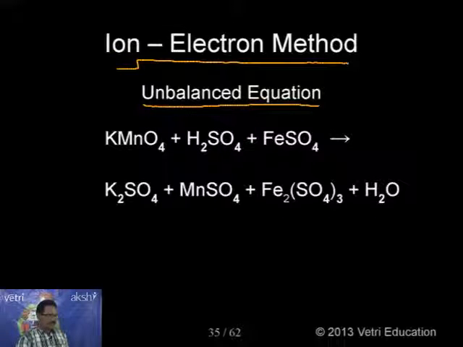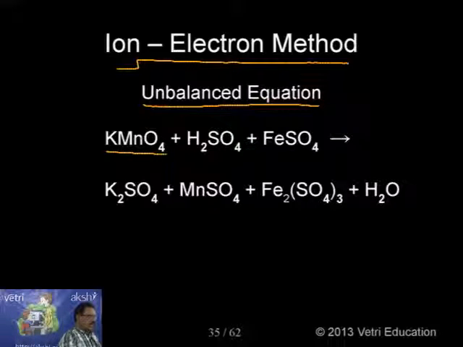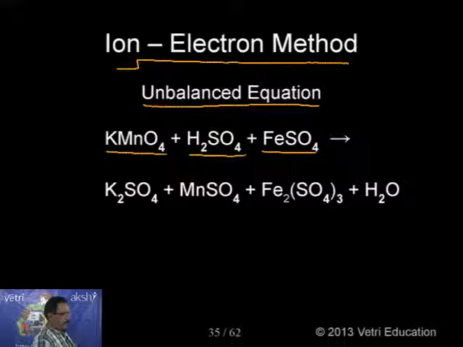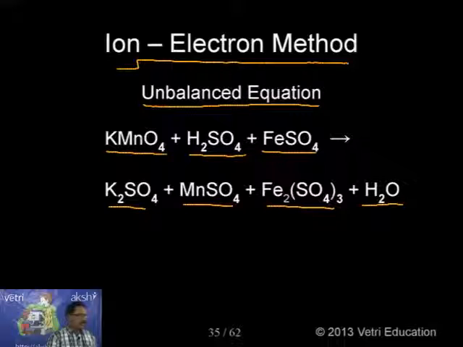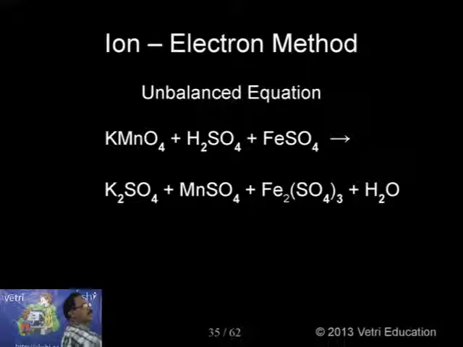In this reaction, potassium permanganate, an oxidizing agent, reacts with ferrous sulfate, a reducing agent, in presence of acid medium sulfuric acid to produce the products potassium sulfate, manganese sulfate, ferric sulfate and water. This is an unbalanced equation, that is, the equation without balance. So I am going to teach you how, using the ion-electron method, we can balance this. Kindly follow me.